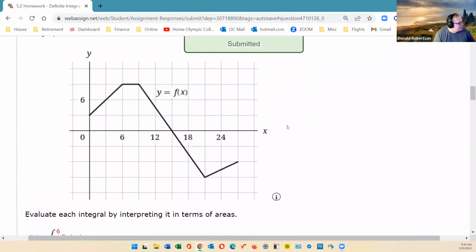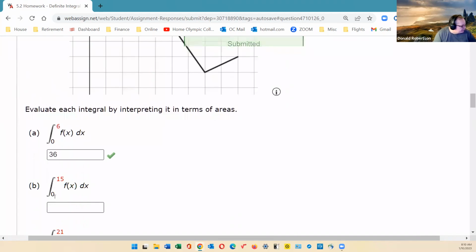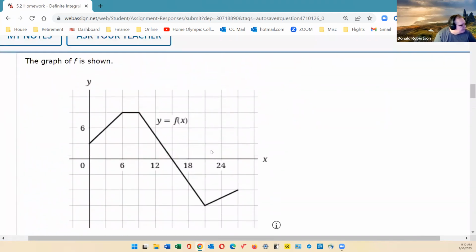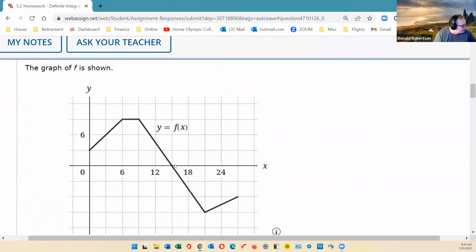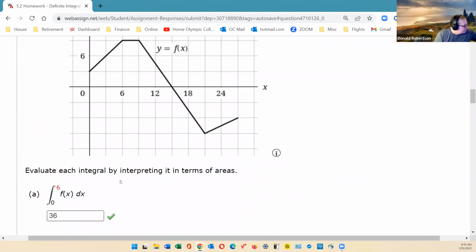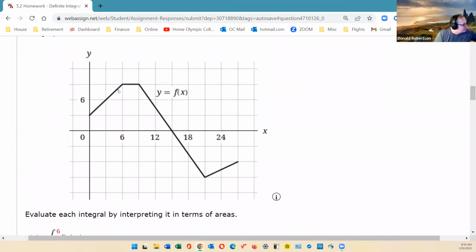There, that's good. Now, suppose you want to get the area from 0 to 15. Well, you start at 0 and you finish here at 15. So what you have to do is take this shape and break it into pieces. I already know the answer from 0 to 6, so why don't I save some time and split it at 6 and say this piece here on the left is already known, it's 36.